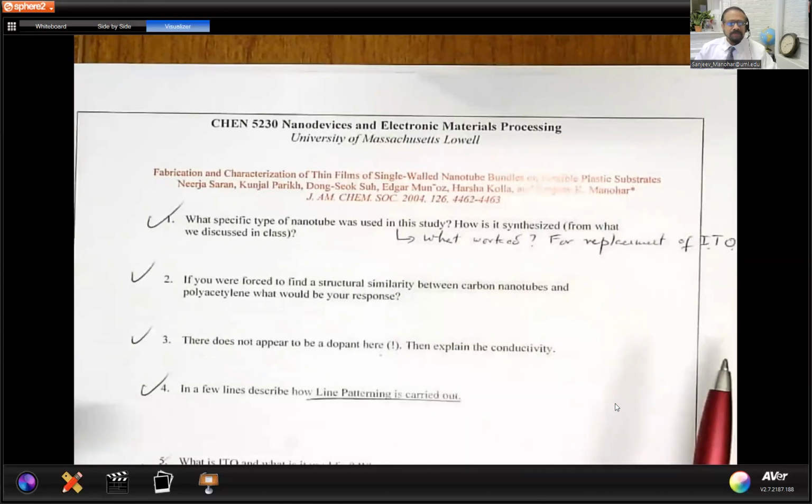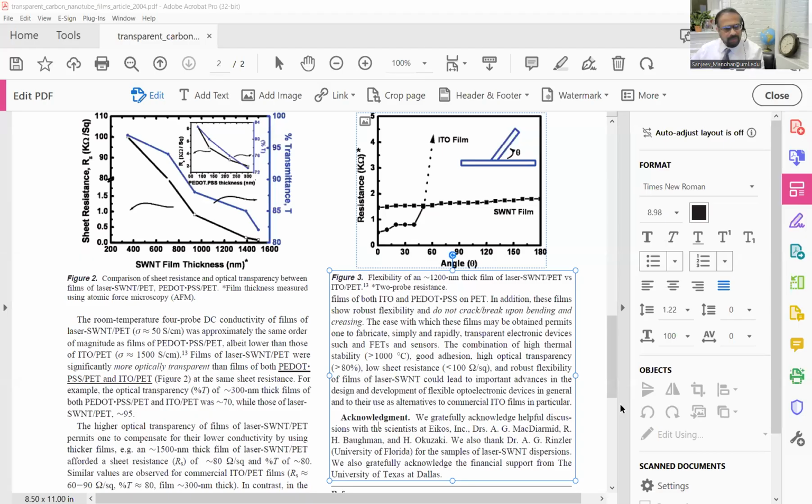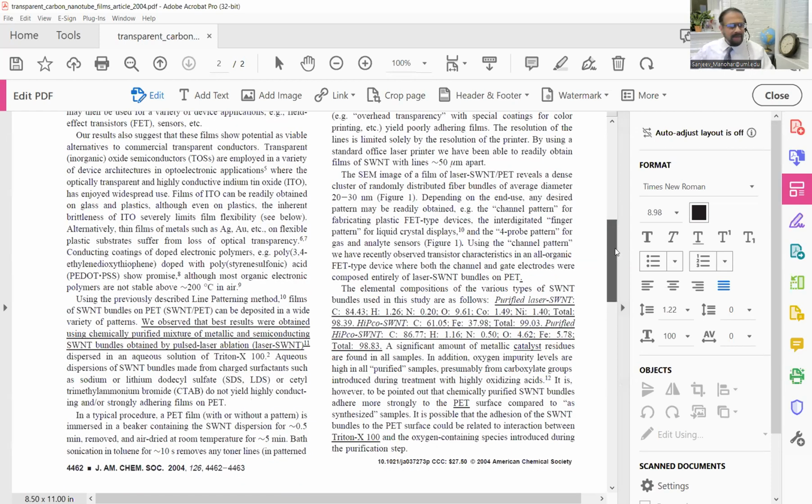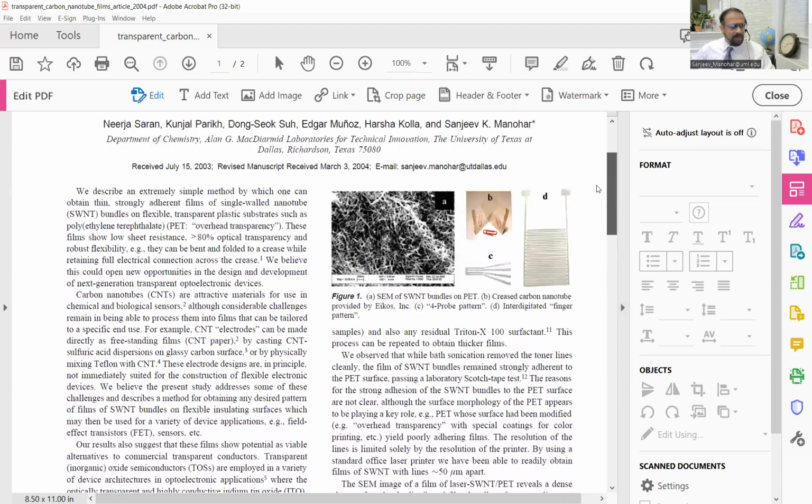So with that, let's go back to the paper, and I'll stop share and go to the paper straight off. It's easy to see in an actual paper, right? I don't know if you can see that. Let's take a look. So that's the paper.